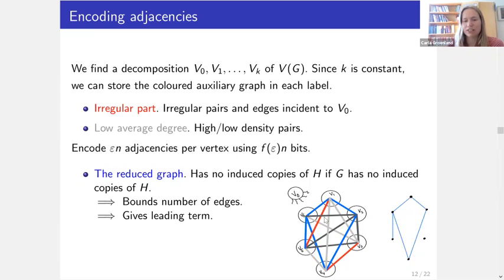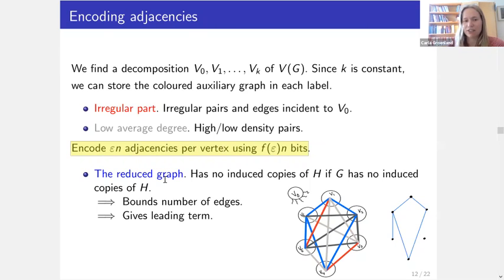And also if we know that the density is very low, we can convert this into low degrees and again store a small number of adjacencies per vertex. I'll explain later how we're going to do that, but we can use some techniques to reduce it to this problem here.